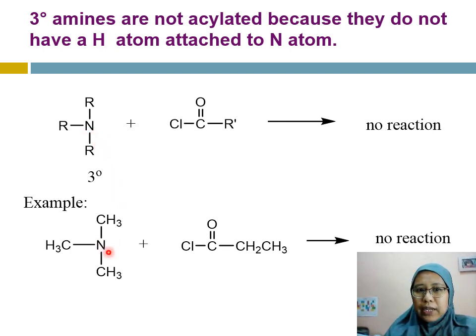For example, this is N,N-dimethyl methanamine, it doesn't have any free hydrogen to be used as a place where it is going to be bonded with the carbonyl carbon. So an amide bond is not going to be produced here for tertiary amines.